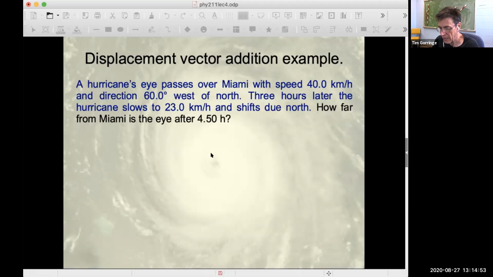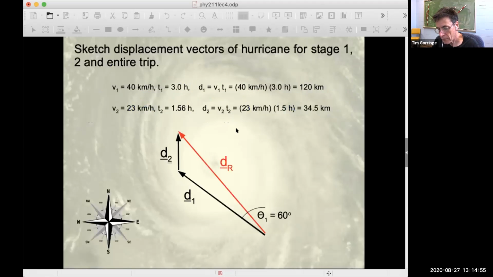So let's see how this goes. The first thing I wanted to do was draw the two individual displacement vectors when the hurricane was first traveling at 40 kilometers an hour and then at 23 kilometers an hour, and then how they add together to make the total displacement vector, just to picture that. And then we can worry about the addition of the displacement vectors.